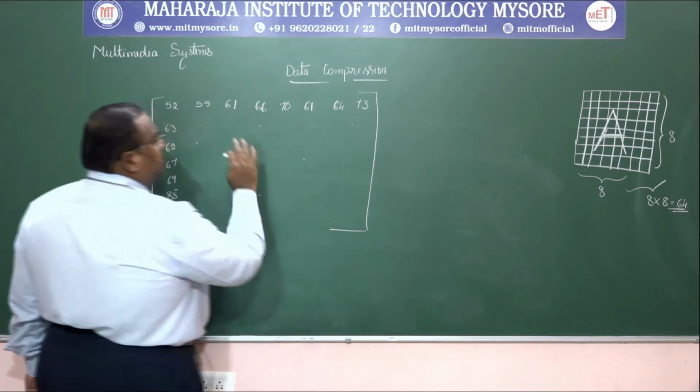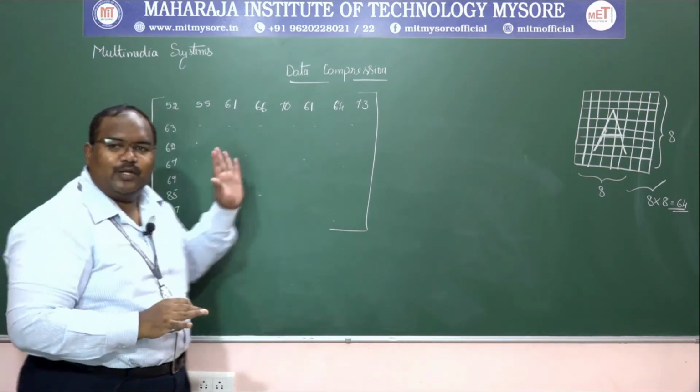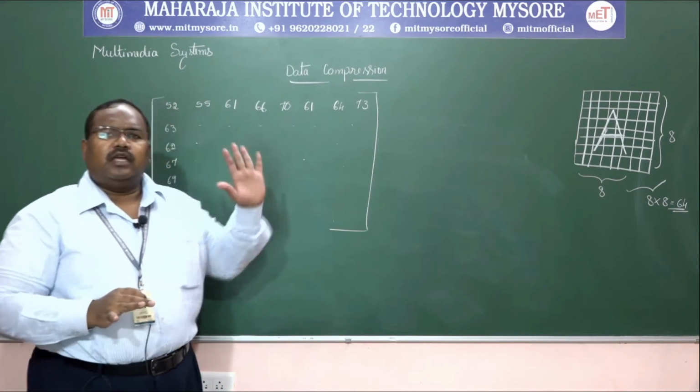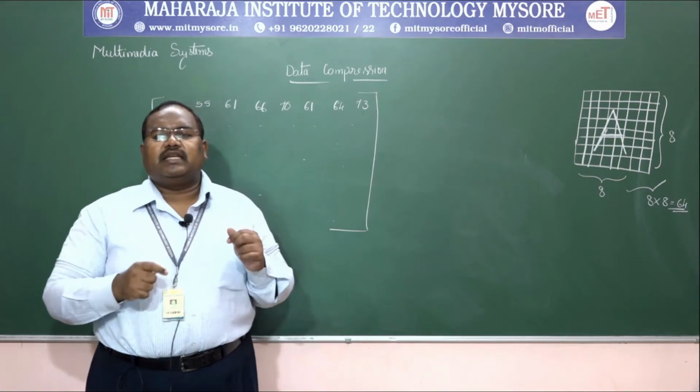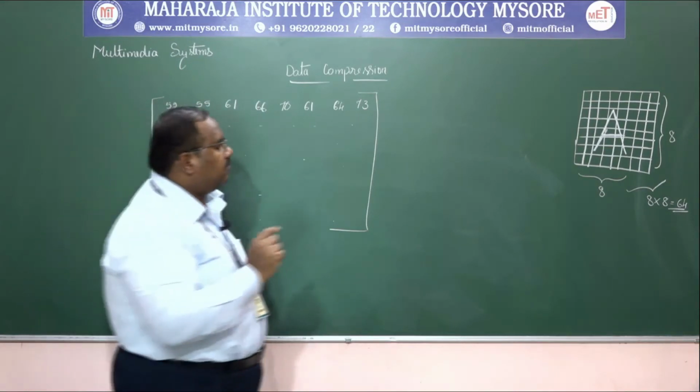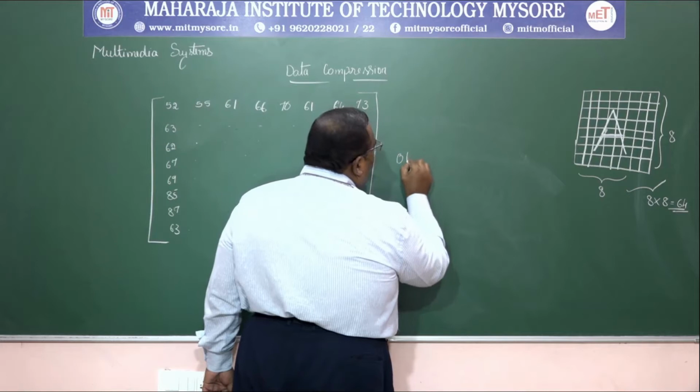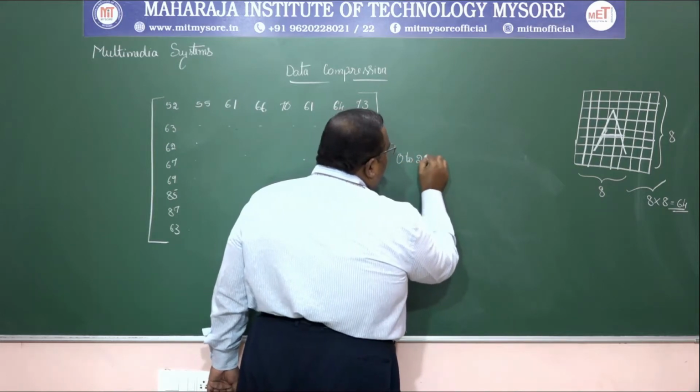So you are supposed to consider it a totally filled matrix of 8 cross 8. Now here, when we look into this kind of matrix, the range of pixel intensities is from 0 to 255.